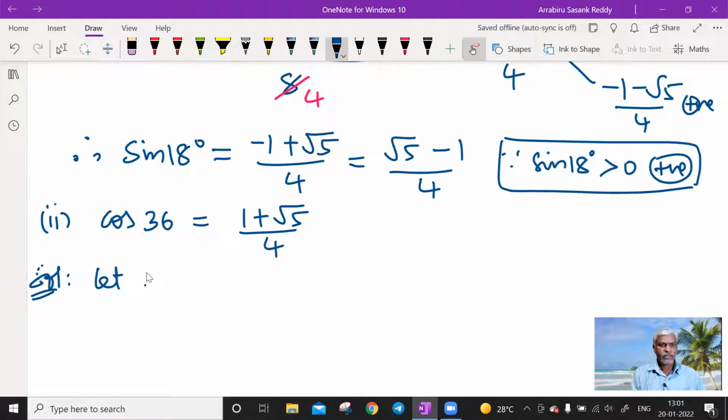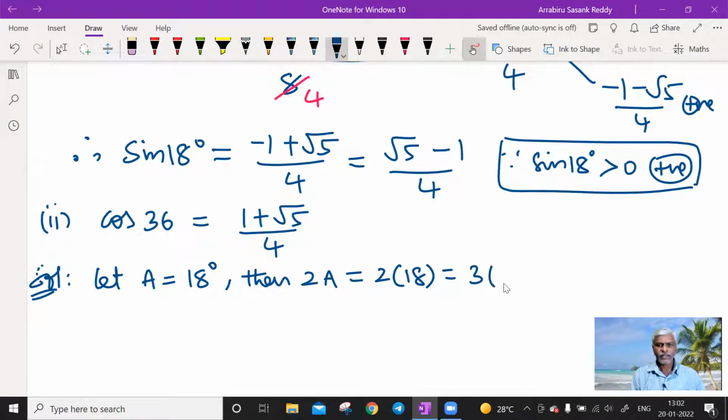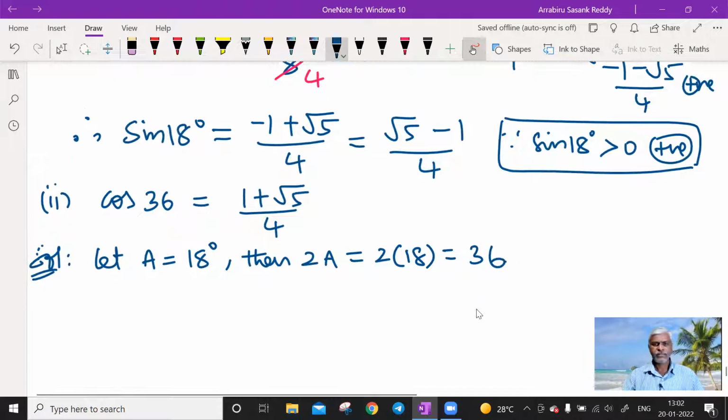Let A be equal to 18 degrees, then 2A is equal to 2 into 18, that is 36 degrees.